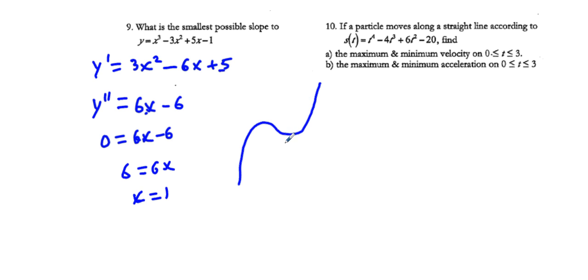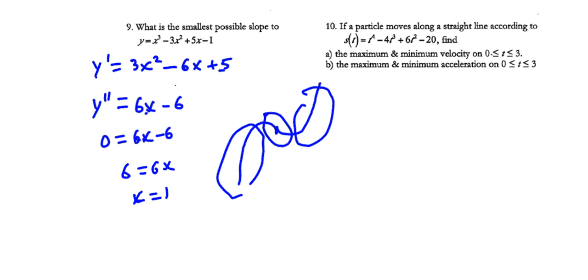So your smallest possible slope is going to be in here someplace, and it's going to be at this inflection point. And so at x equals 1, that's going to be our smallest possible slope, because everything here is going to be big where the function's increasing. That's big. This is big.